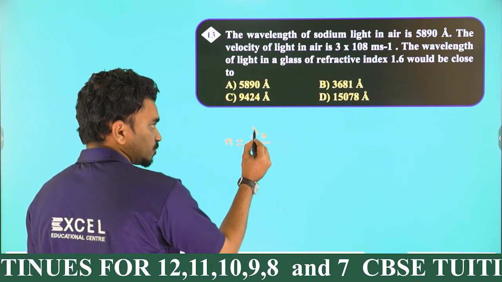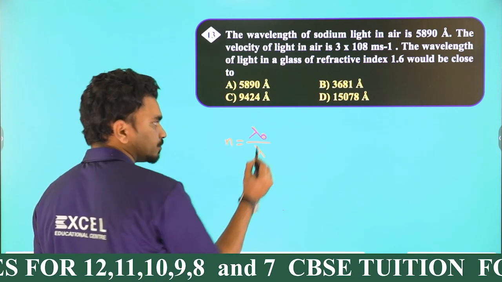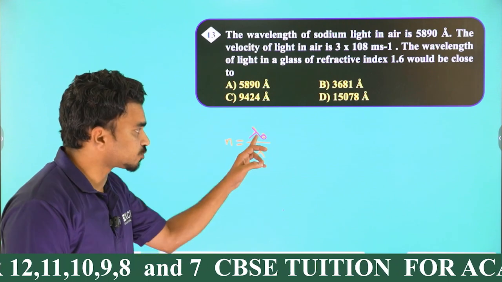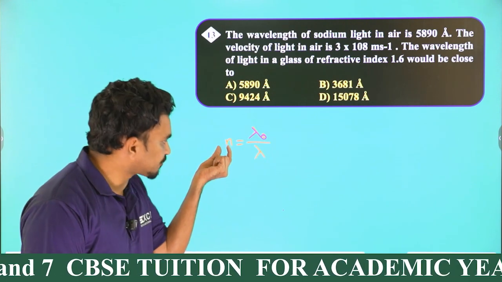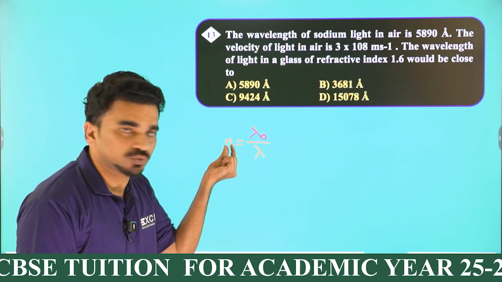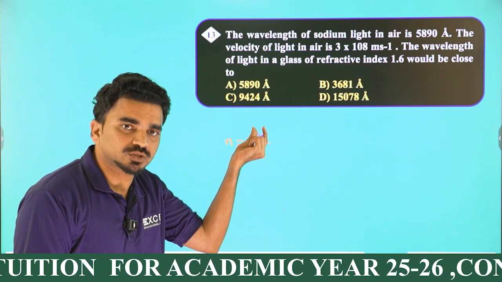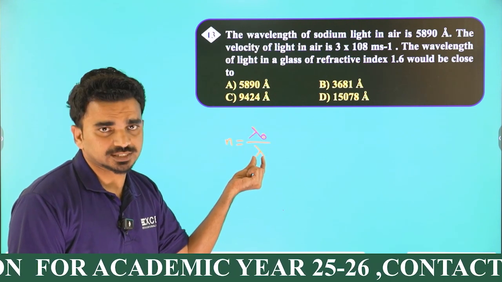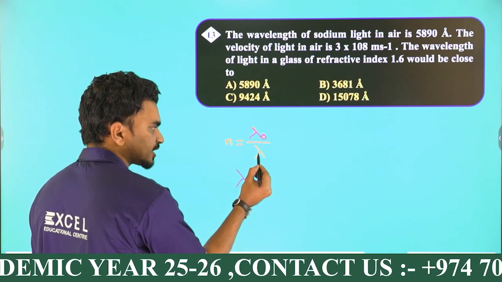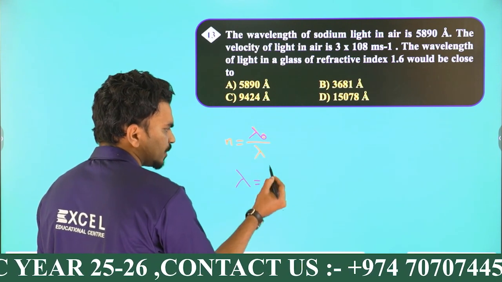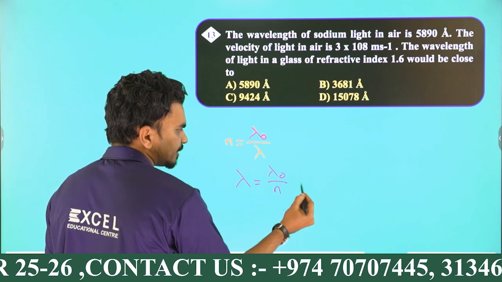Refractive index is equal to the wavelength of light in vacuum or air divided by the wavelength of light in the medium. For example, the refractive index of glass is equal to the wavelength of light in vacuum divided by the wavelength of light in glass. But the question is asking for the wavelength of light, lambda. Just swap the places. What will you get? Lambda 0 by n.